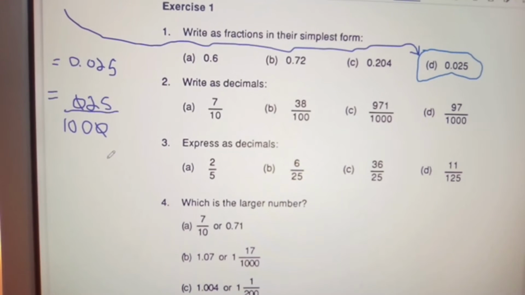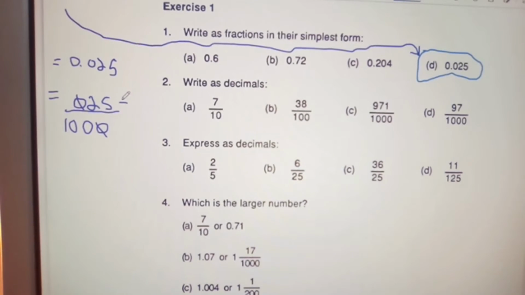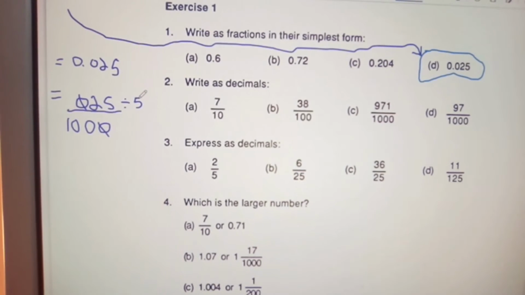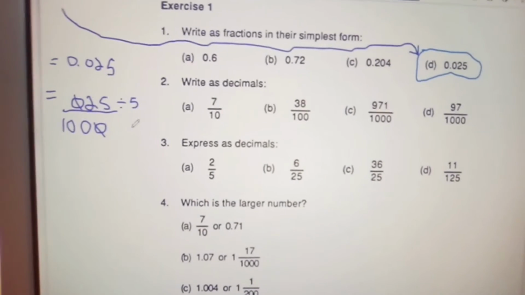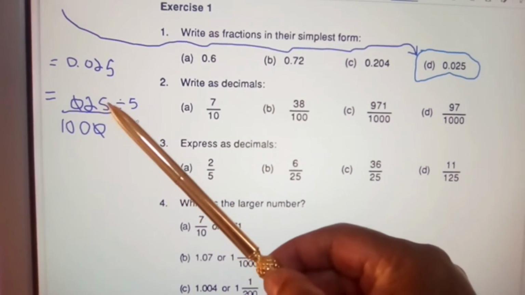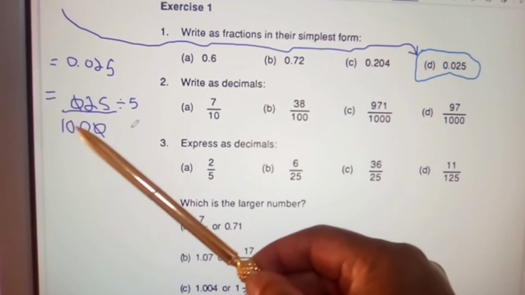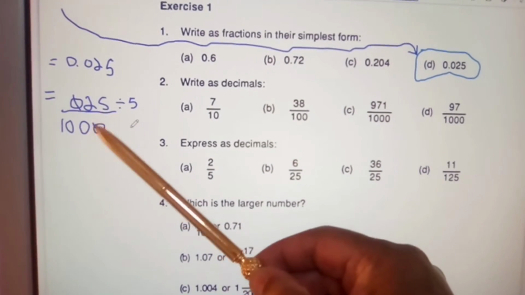And if we then divide by 5, because remember, I'm looking for a number that will go into 25 and 100 or 25 and 1,000.